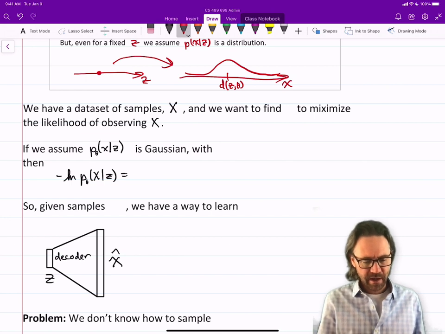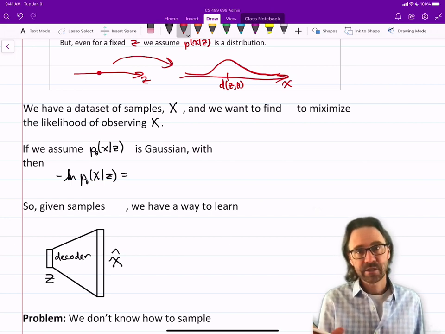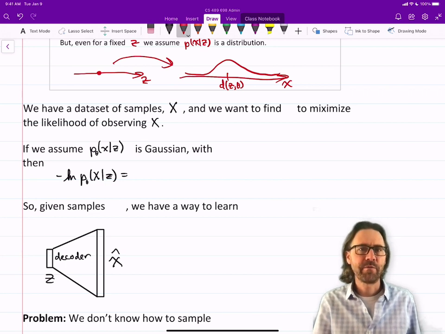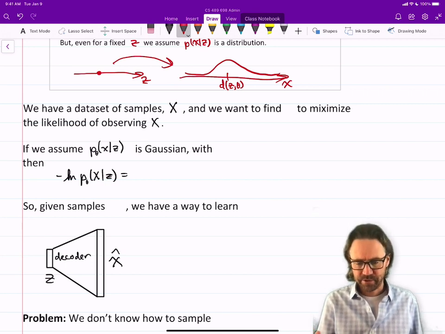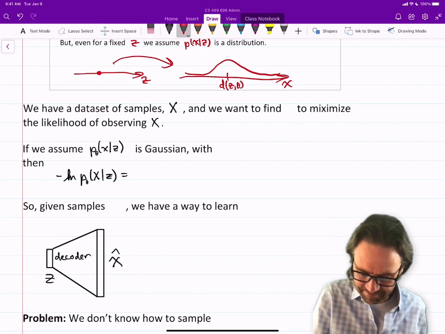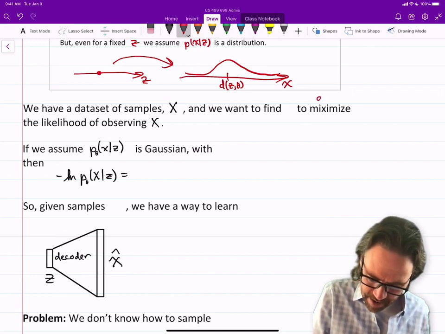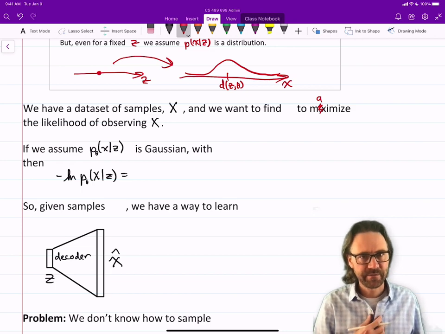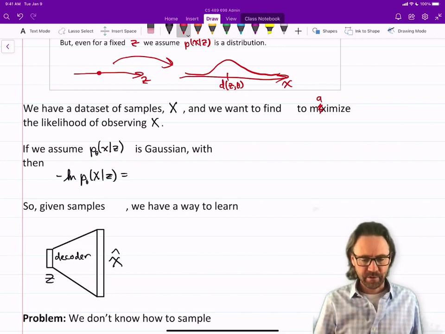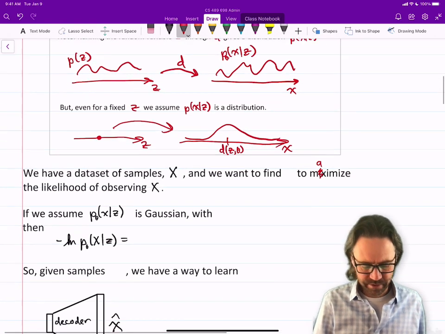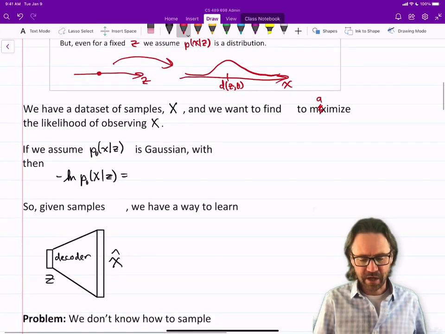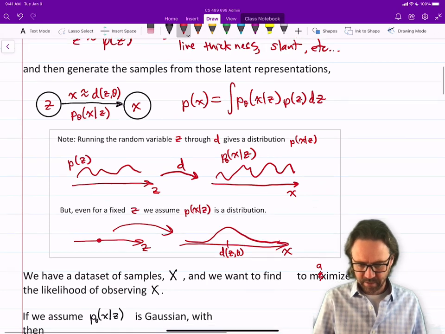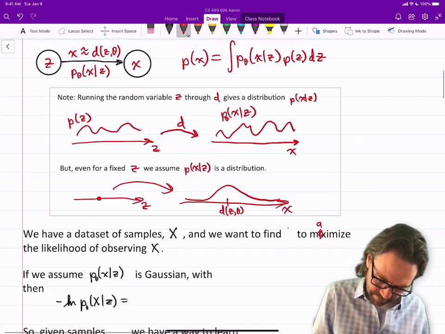Okay, so we have a data set of samples X. That's where we're starting from, right? And we're going to try to find some parameter values theta to maximize the likelihood of observing X. So we basically want to design our decoder. We want to find theta.